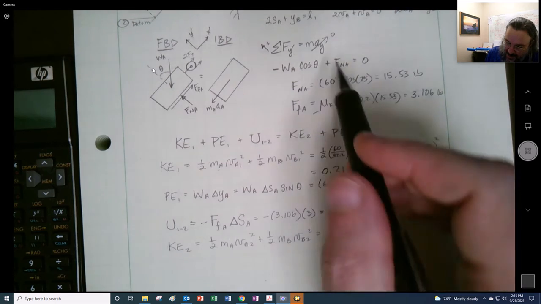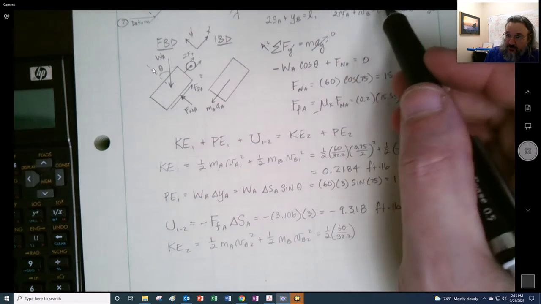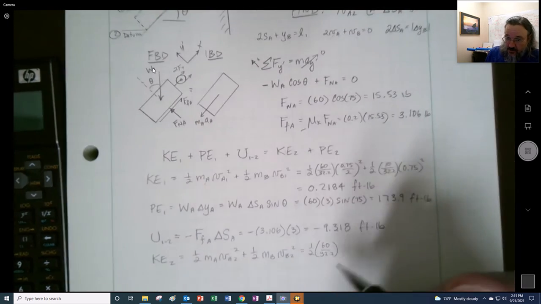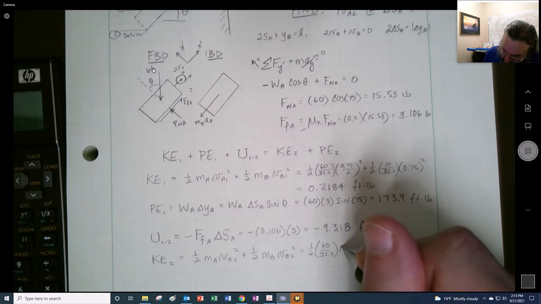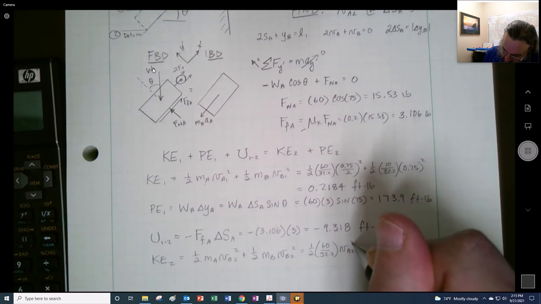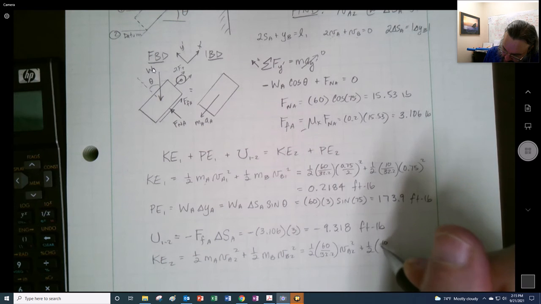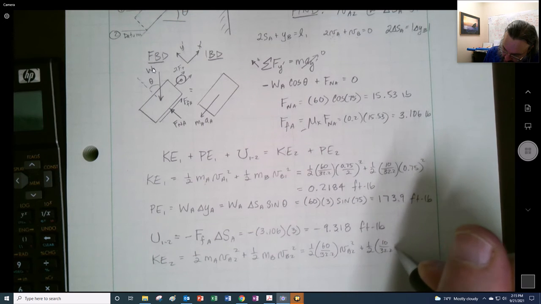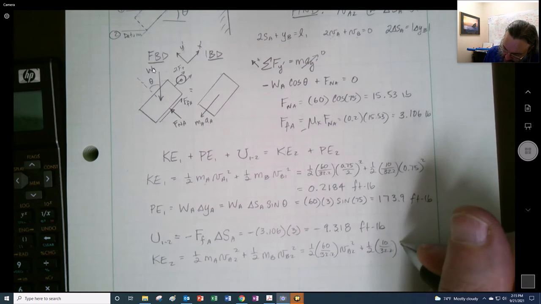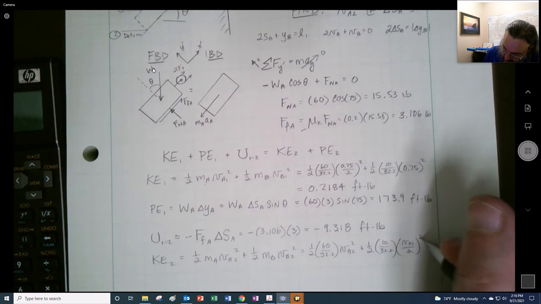Now the question only asks for A. So for this one, we'll keep it V_A2 squared. But for this other one, it's a good strategy, after we get this done, to put this in terms of V_A. So this is V_A2 divided by 2, squared.